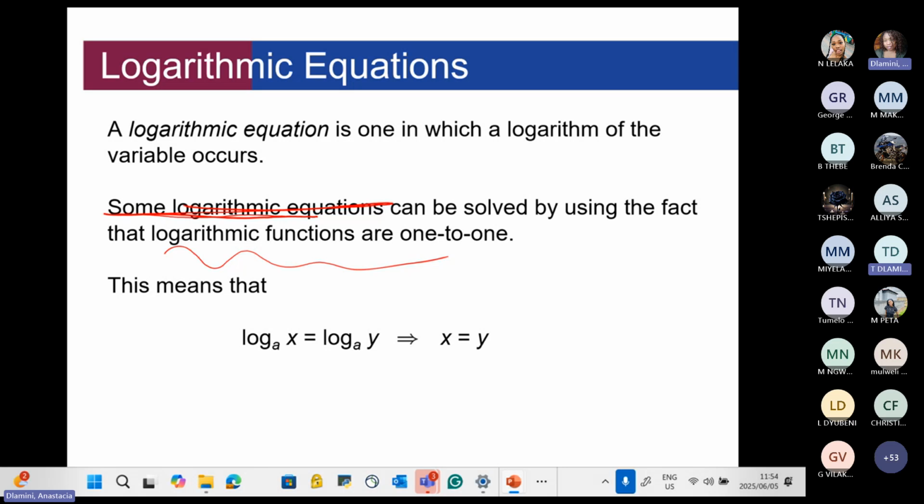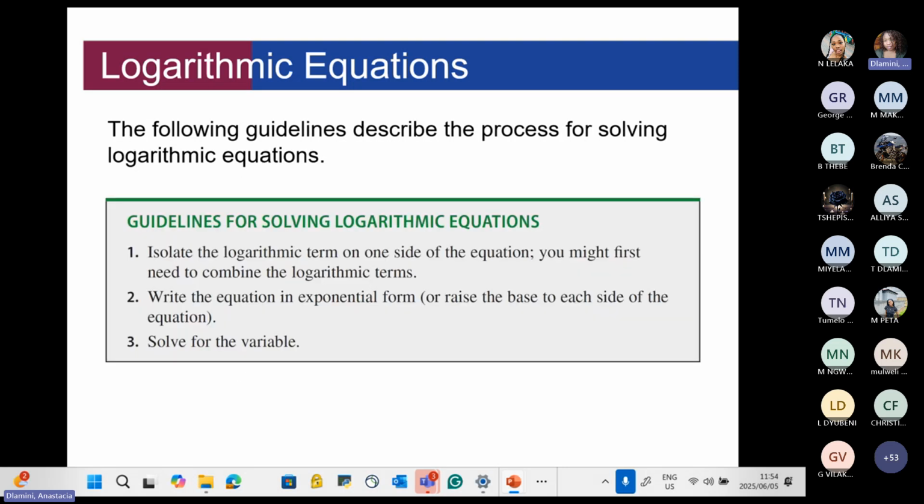Solving using the one-to-one fact goes back to the inverse property, right? So this implies that.